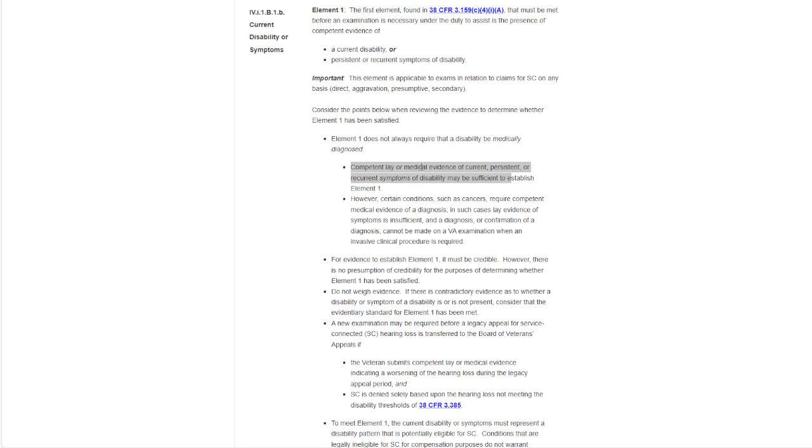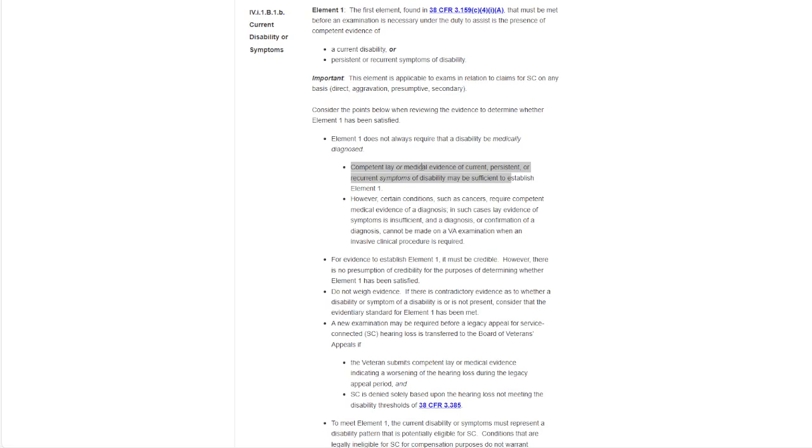So you're a subject matter expert on whether or not you have pain, stiffness, any kind of descriptive term like that. Now, what does not satisfy element one is if you only put something like, I have a knee condition, because it doesn't actually tell us what the disability is or what a symptom is.